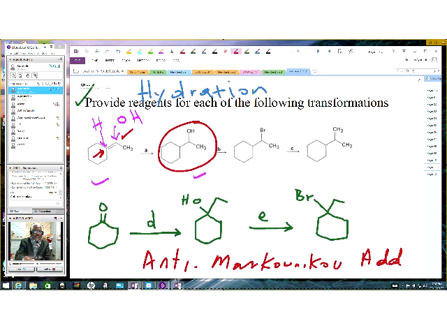Now, the next question is, what reagent do we need to do this? Anybody has an idea? What reagent do we need to do this Markovnikov addition of water to a carbon-carbon double bond? Okay, send me your response through the chat window.